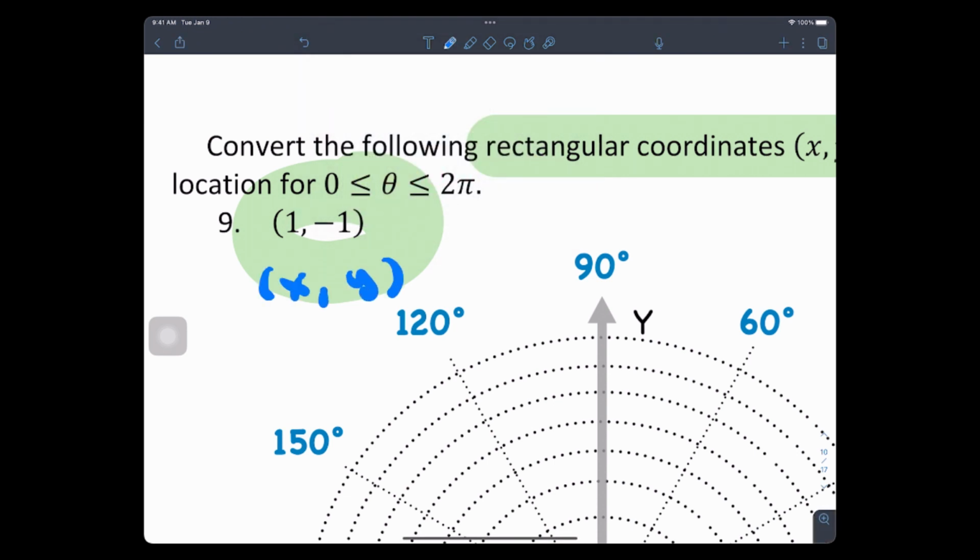And really, ladies and gentlemen, these x and y values are actually a lot easier. And your book does have examples there, by the way. Your book has examples of that kind of conversion.